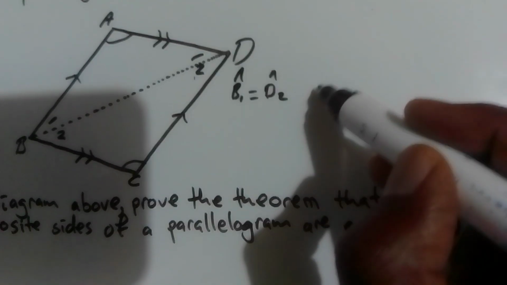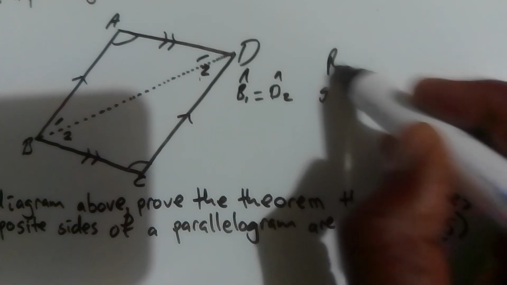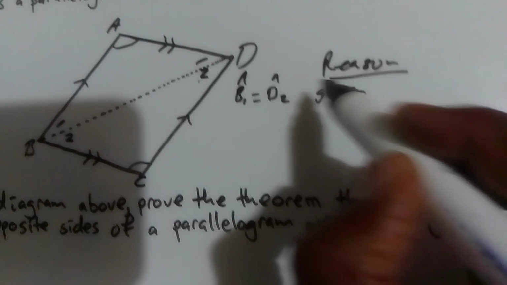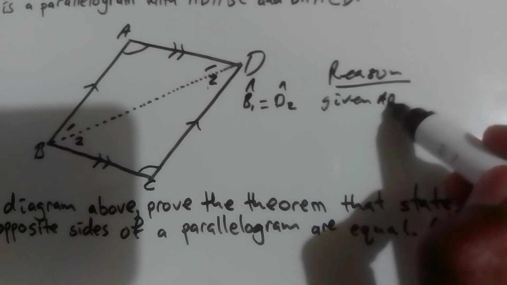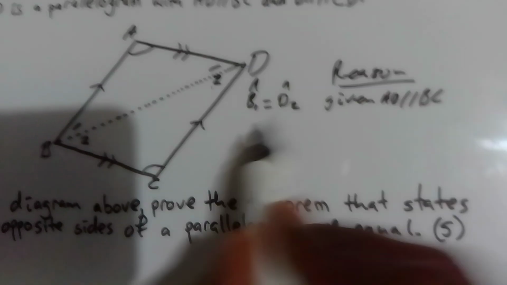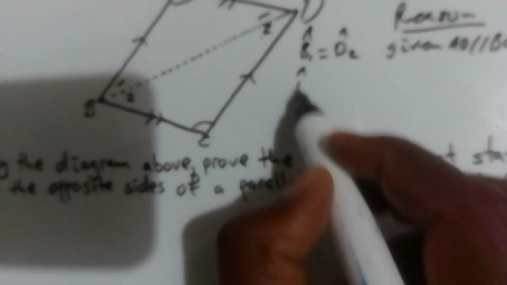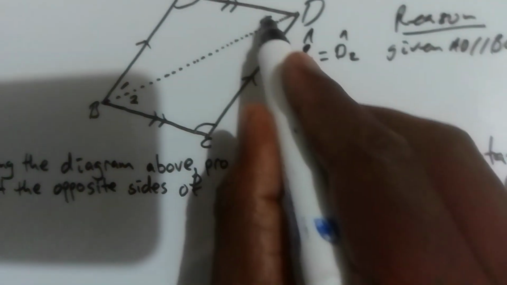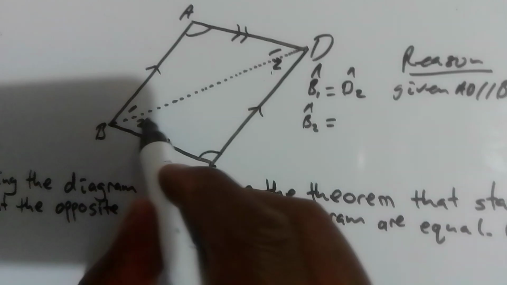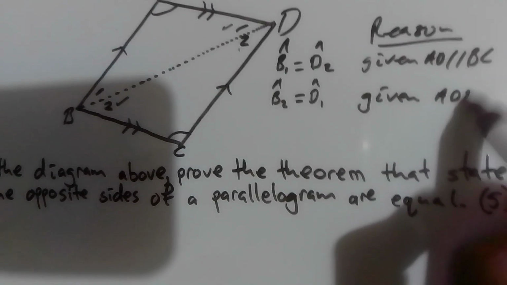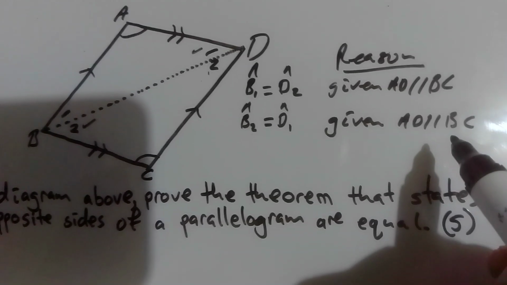So I will say reason: given that AD is parallel to BC. Done. Then I come here, I talk about angle B2. Angle B2 here is equal to angle D1 there. It's still given, same story. Line AD is parallel to line BC.